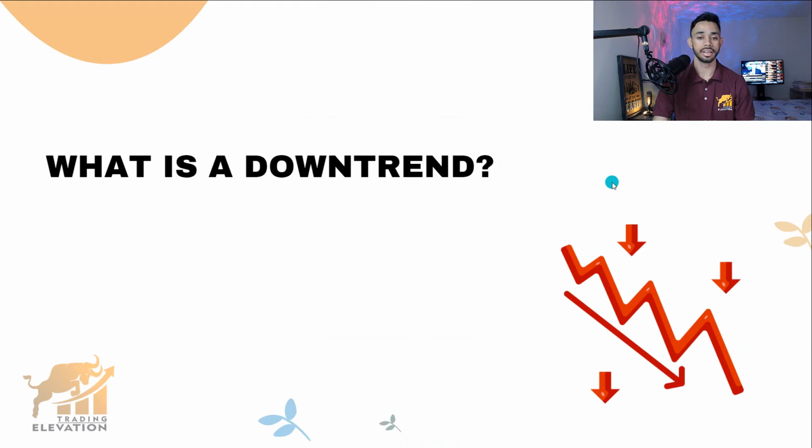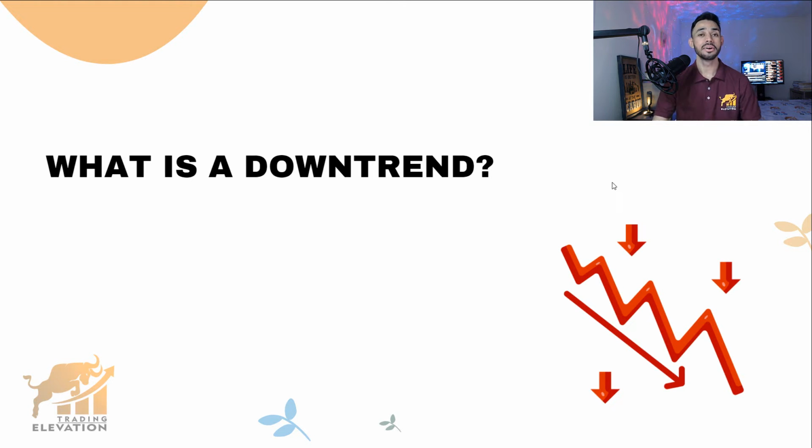I hope that's clear. Okay, now that you know what an uptrend is, what about a downtrend? What happens in a downtrend? Usually in a downtrend, the market price declines toward downside. So how do we determine if the market is in a downtrend?